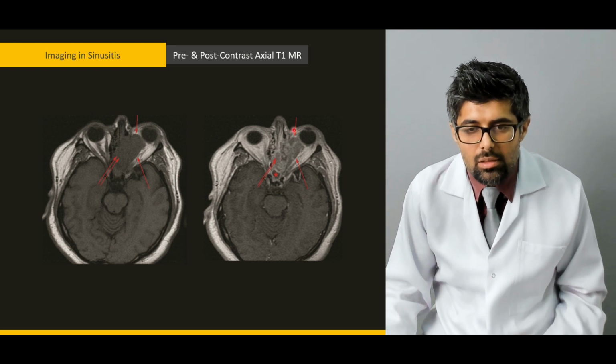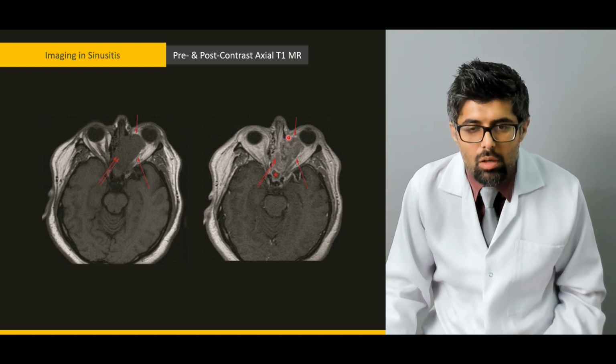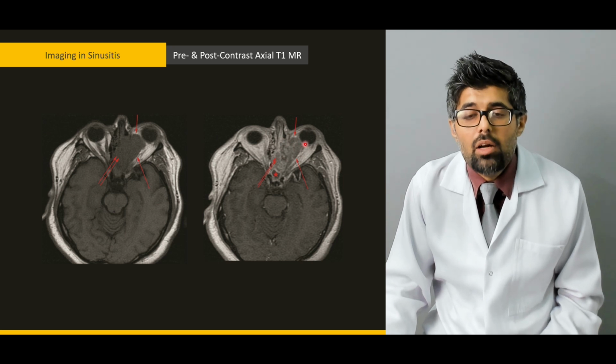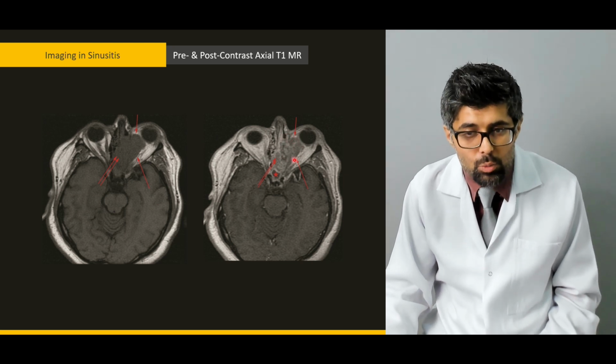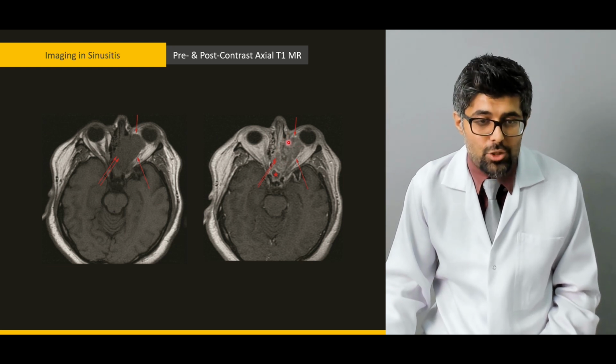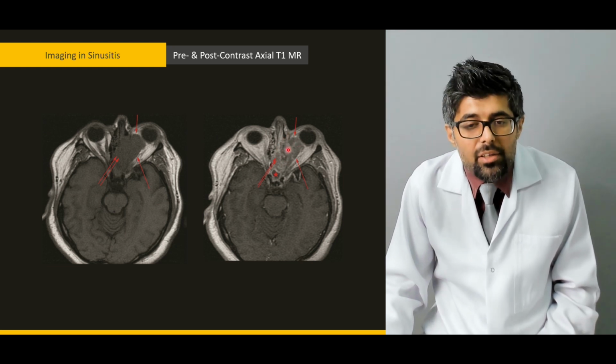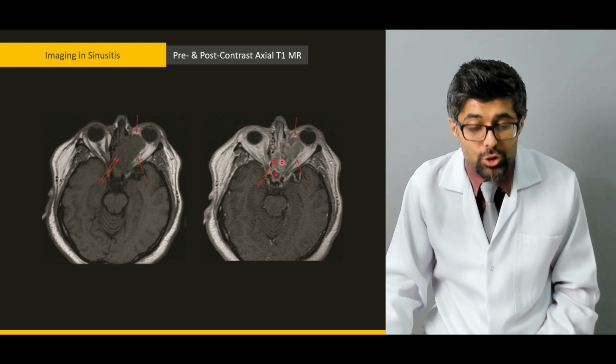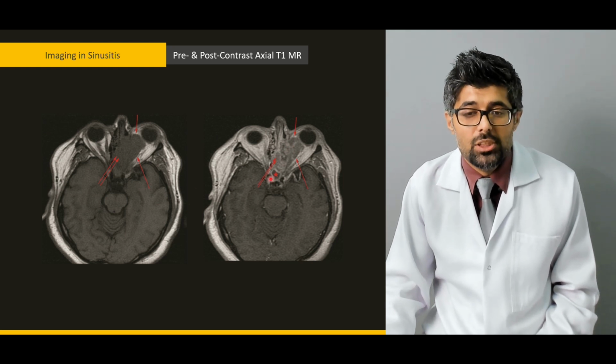Here is a tumor. This is an MRI scan, and this is a tumor behind the orbit of the patient, and it is infiltrating backward posteriorly towards the sphenoid sinus.